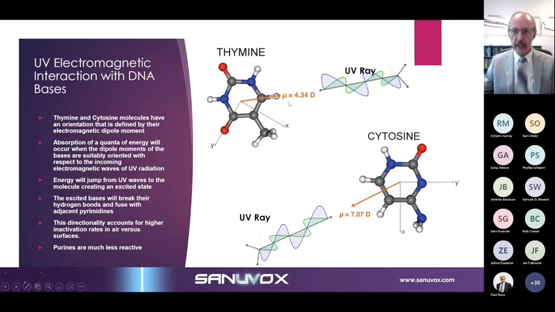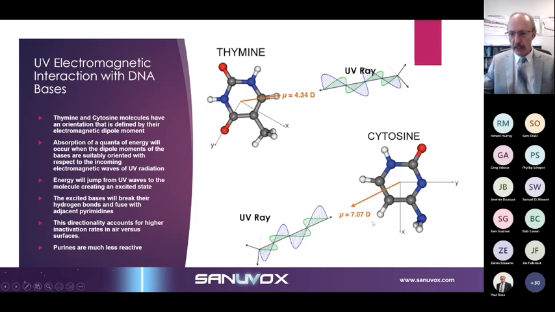For thymine, the dipole moment has been identified at 4.34 D, I believe it stands for debyes. And if the UV ray is coming in perfectly aligned with that dipole moment, there's a high probability the photon will be absorbed.